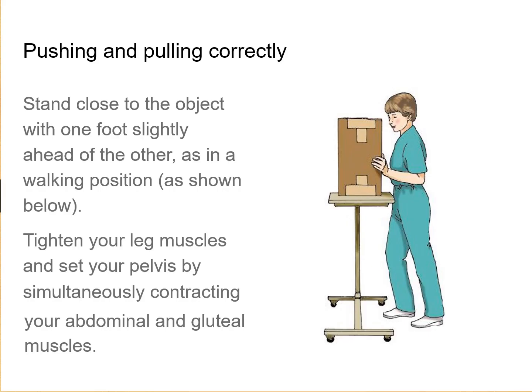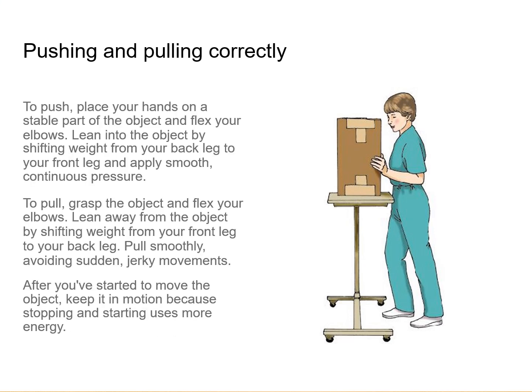When you have to push and pull correctly, stand close to the object with one foot slightly ahead of the other, as in a walking position. Tighten your leg muscles and set your pelvis by simultaneously contracting your abdominal and gluteal muscles. In pushing, place your hands on a stable part of the object and flex your elbows.